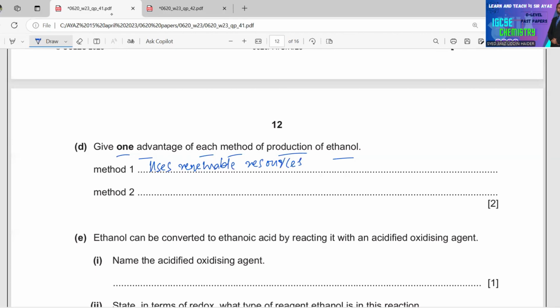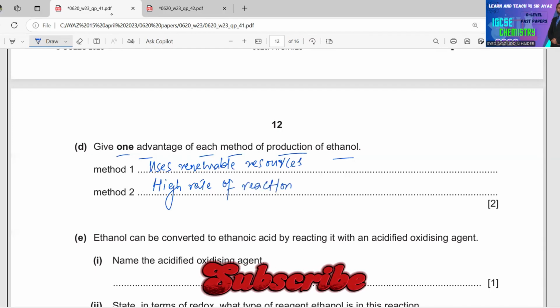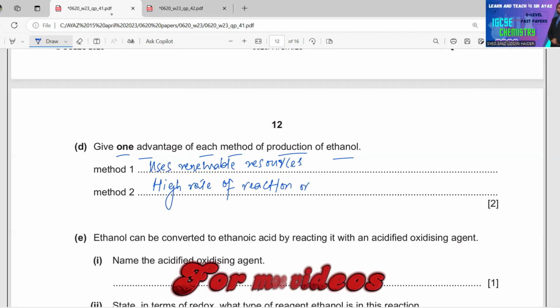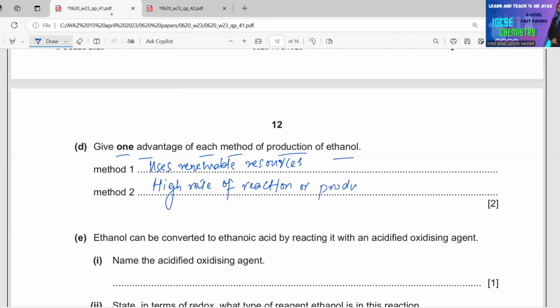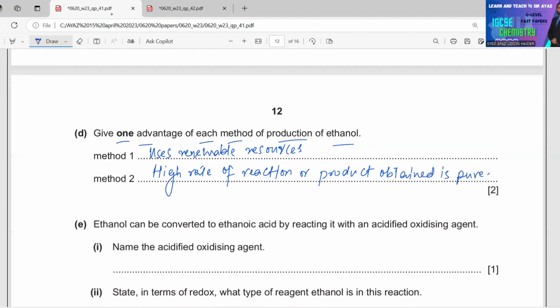For method 2, you will write high rate of reaction, or product obtained is pure. You are getting only one product.